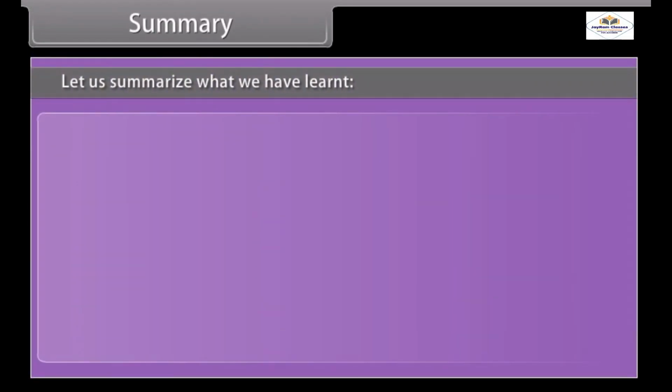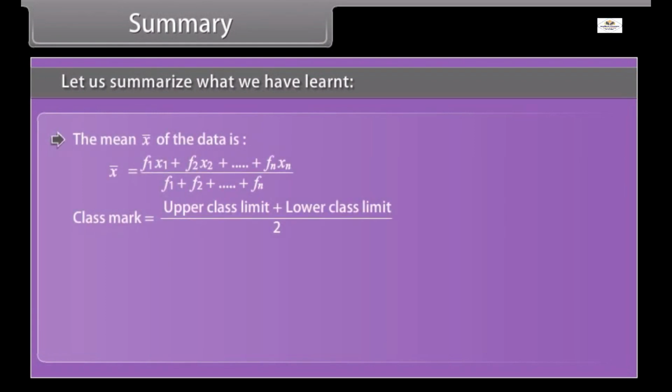Summary. Let us summarize what we have learned. The mean x bar of the data is x bar equals f1x1 plus f2x2 plus and so on plus fnxn by f1 plus f2 plus and so on till plus fn.